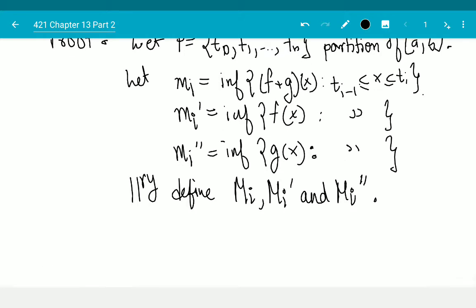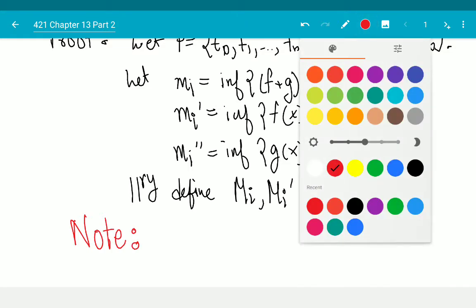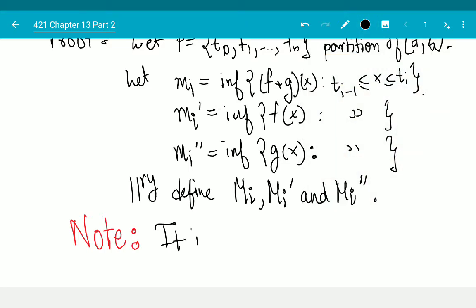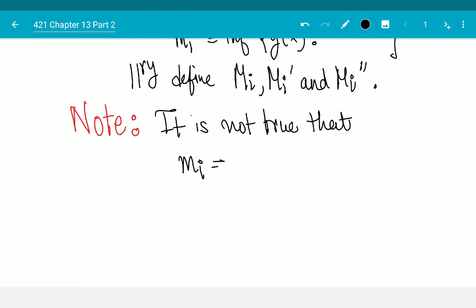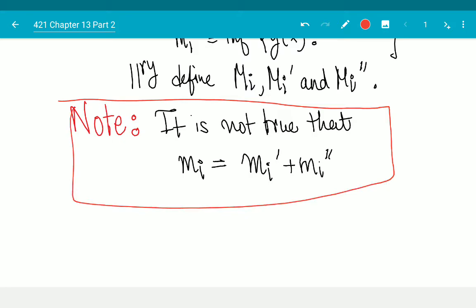Now note, it is not true that small mi is equal to mi prime plus mi double prime. This is very important.